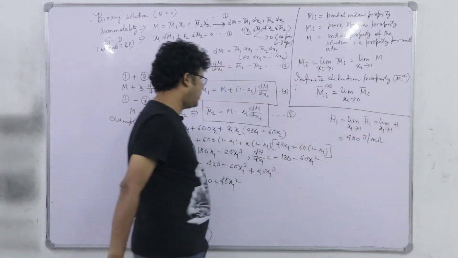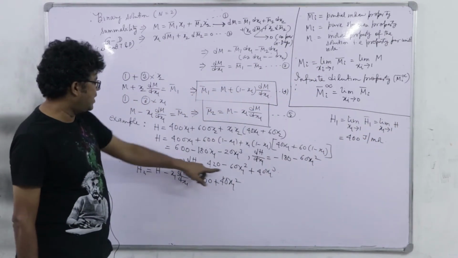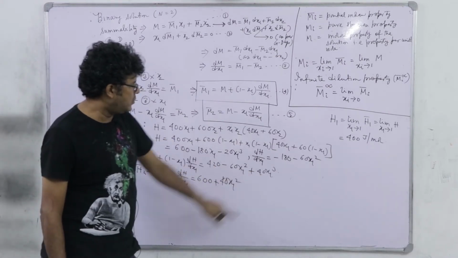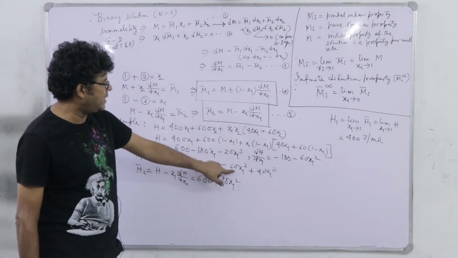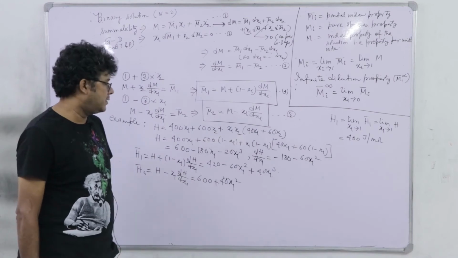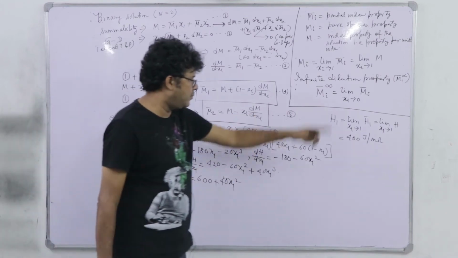Also, if we go by H1 bar and substitute x1 equal to 1, so 420 minus 60 plus 40, it is again 400. So, it is all the same.